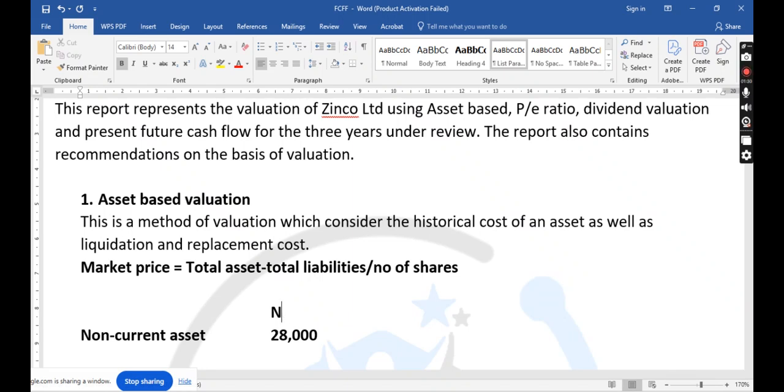So we need to add the 50 million to it, which is 50,000, plus 28,000 for the non-current assets. So this is 58.